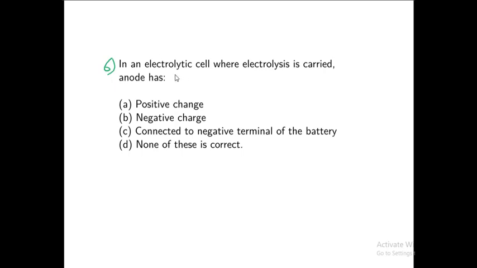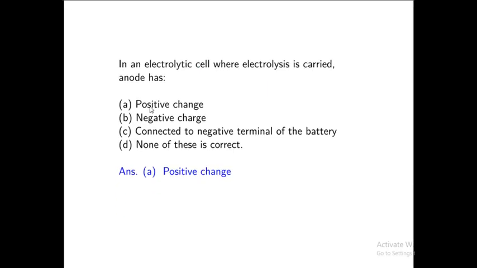In the electrolytic cell where electrolysis is carried out, the anode has. You know that electrolysis process, right? In it you see electrodes and an electric cell. The options are positive charge, negative charge, connected to the negative terminal of the battery, and none of these. So which will be the answer?